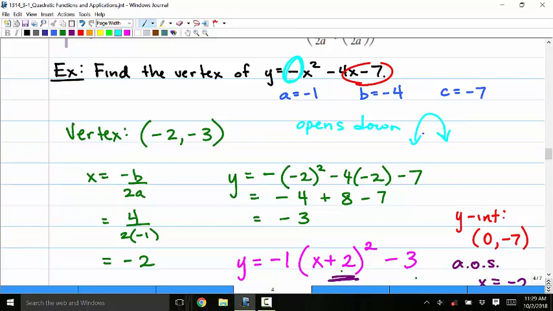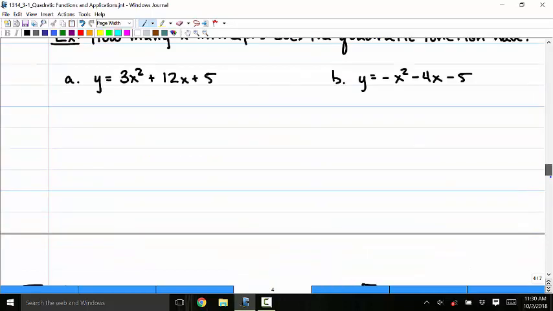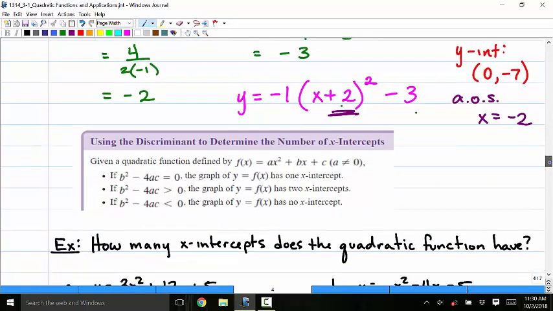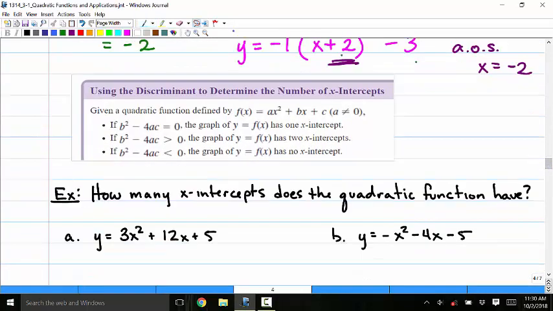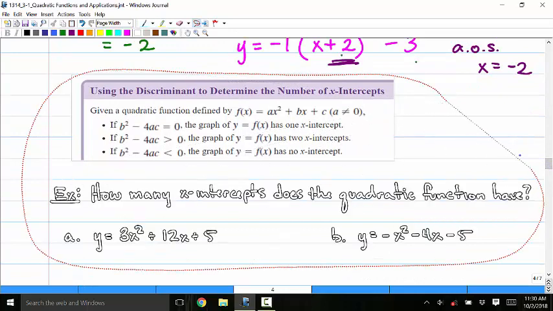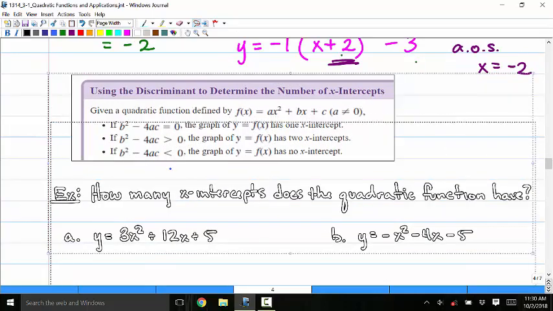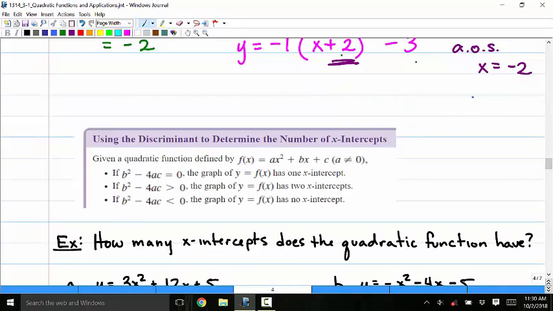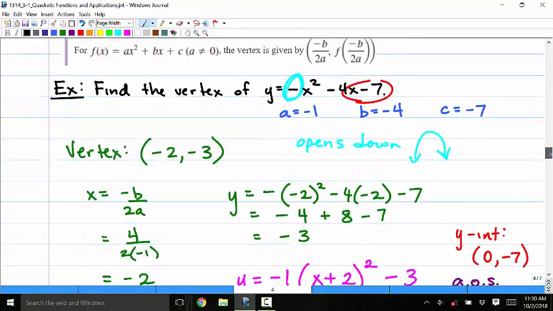Could you go graph this real quick? Yes. Sure. Let's go graph it. I'm going to scoot this down because I can. Okay, if I wanted to go graph that, what is my vertex?